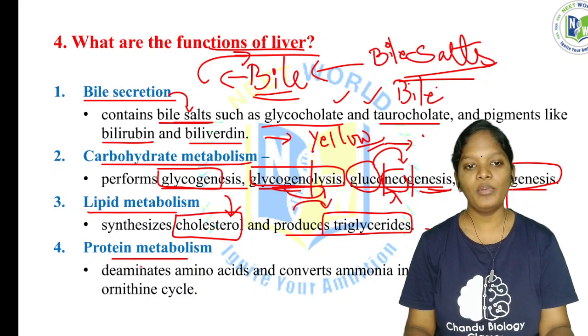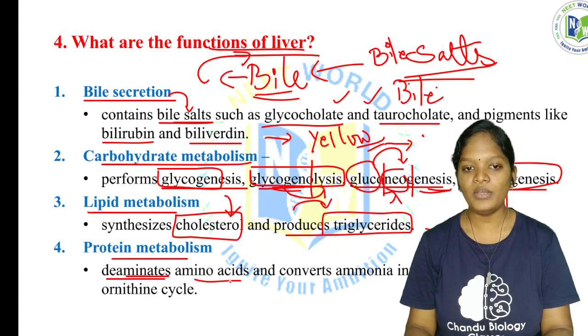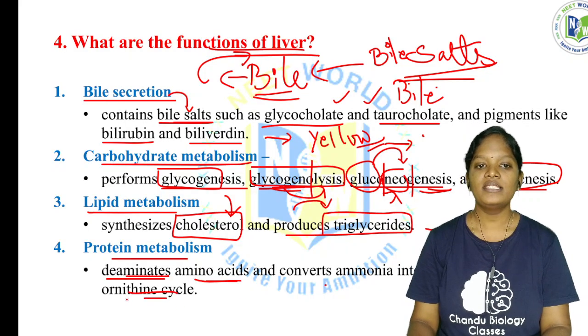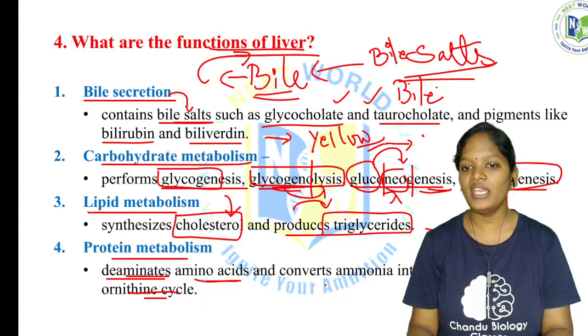Now the protein metabolism. These were all energy products. In protein metabolism, the liver deaminates amino acids and converts ammonia into urea through the ornithine cycle.